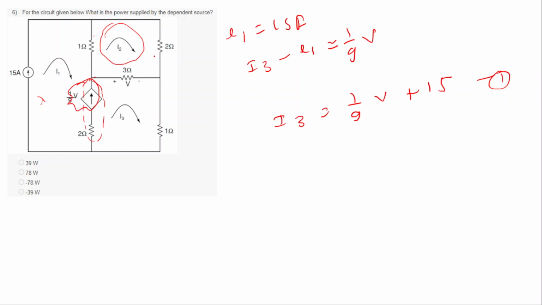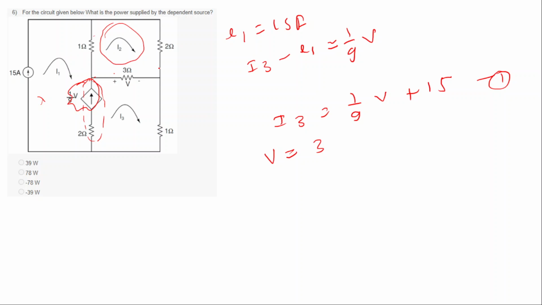Now let's apply the mesh equation. The value of V is 3 times the potential drop across this resistor.